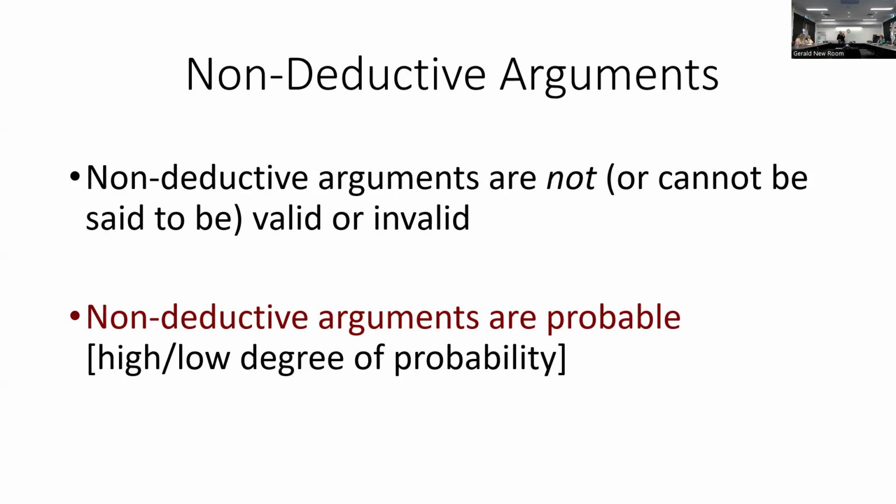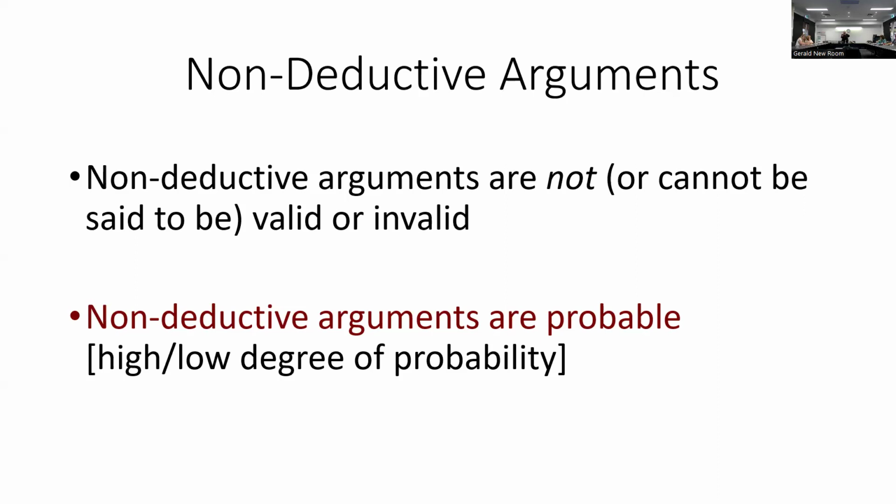Okay, so we have non-deductive arguments, which cannot be valid or invalid. Why is that? Because we cannot draw clearly from those messy empirical things in the world a conclusion. The conclusion we can draw, but it doesn't mean it follows.